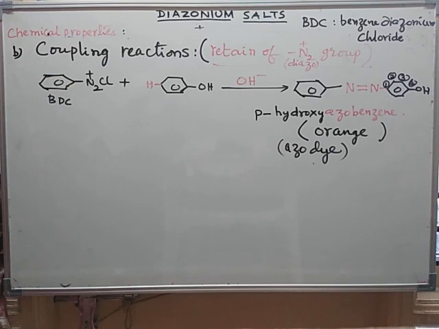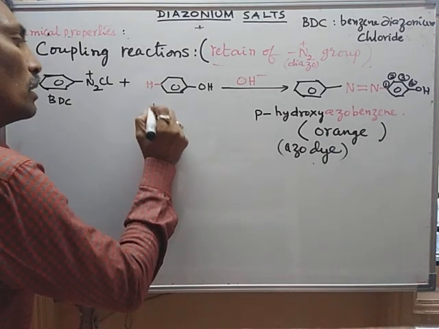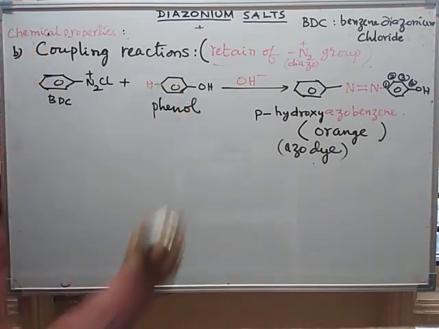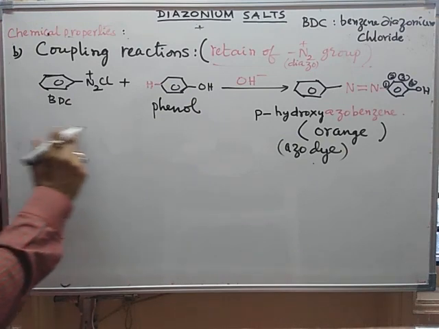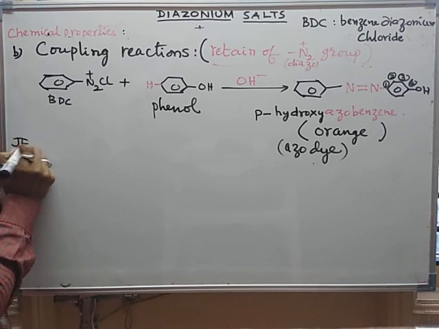What is the color produced when benzene diazonium chloride is mixed with phenol? A similar reaction we have to take for JE orientation.